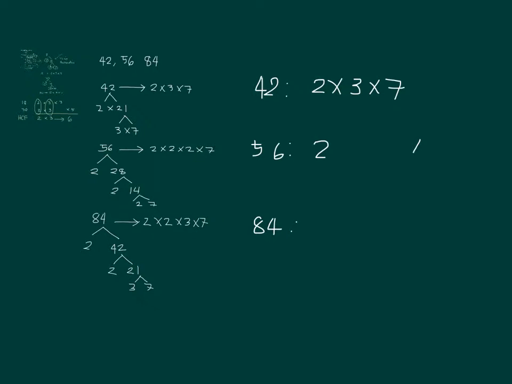So we skip some space, so times 2, and then another times 2. Then the final factor is times 7, but there's a times 7 in 42, so I'll align that here. And then for 84, I have a 2, and then another 2, so I align that with the 2 for the second 2 of 56. I have times 3, so there's a 3 in 42, so I'll align that here, and then times 7.